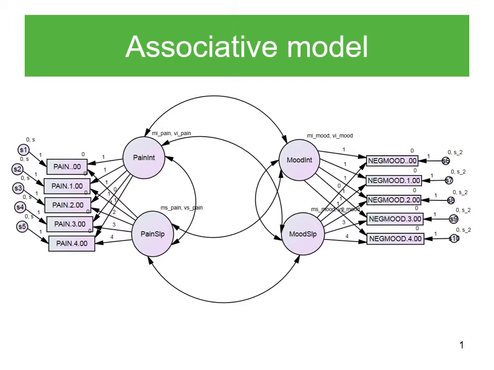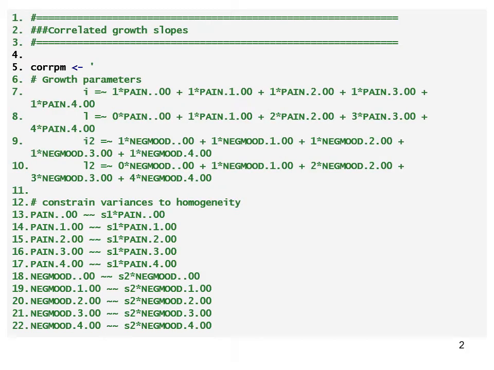The big difference is that there are now 6 possible correlations among these 4 intercept and slope factors, and we're estimating all 6. So here is the Lavaan version of that model. As you can see, I and L are the intercept and linear slope of pain, while I2 and L2 are the corresponding intercept and linear slope of negative mood.